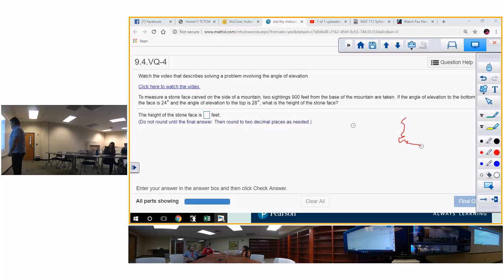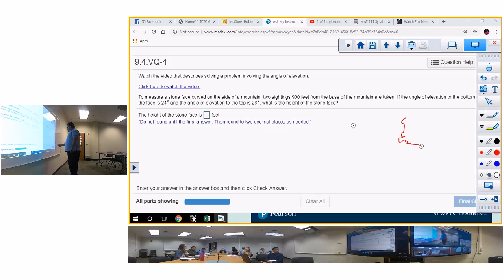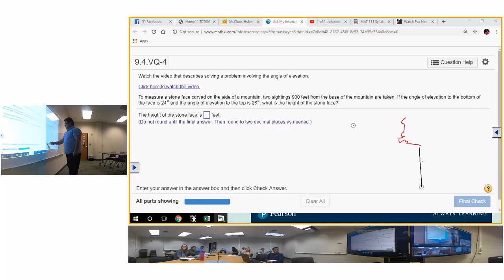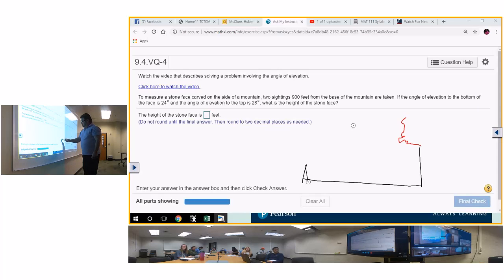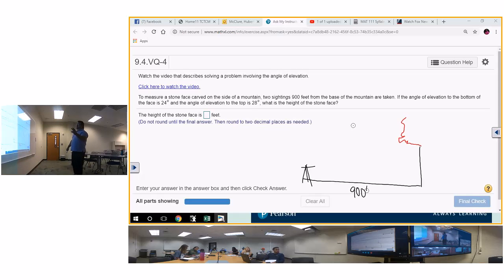I think we have. There's the stone face, and the distance from the base of the mountain to the tripod is 900 feet. Am I reading that correct?